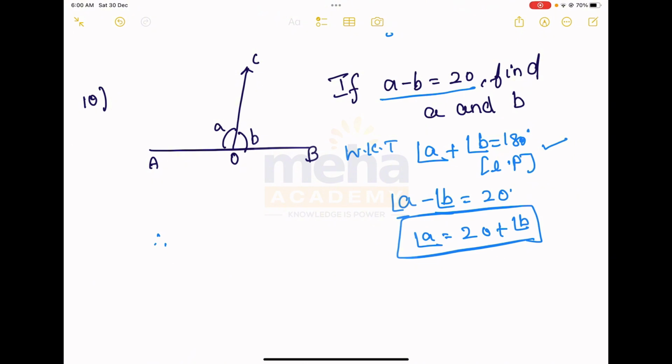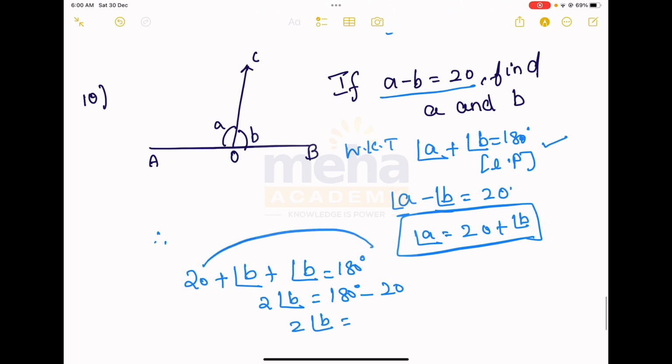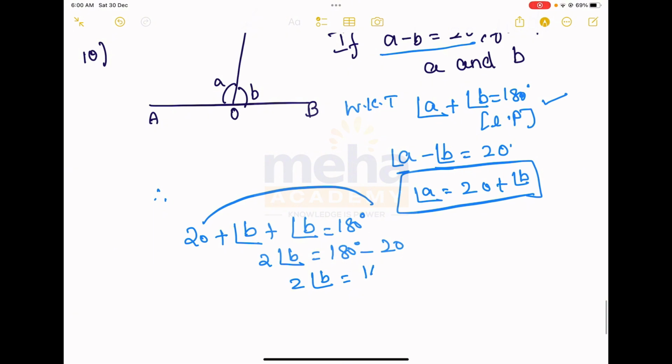So what is angle A? 20 plus angle B plus angle B is equal to 180 degree. So 2 angle B is equal to 180 minus 20 when it goes to the other side. So 2 angle B is equal to 160. So angle B is equal to 160 over 2.